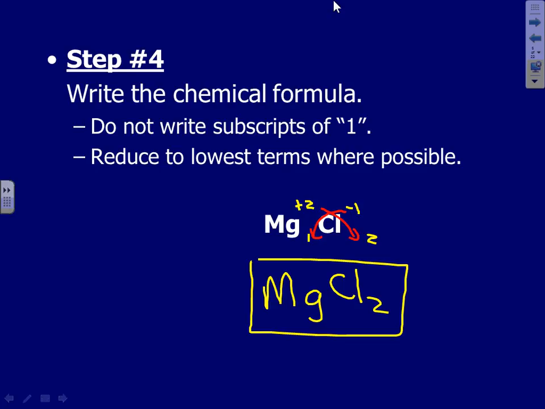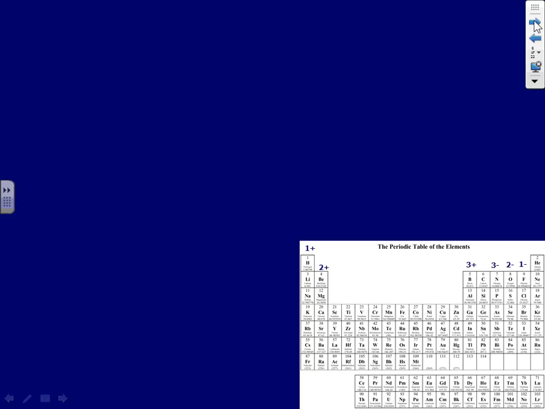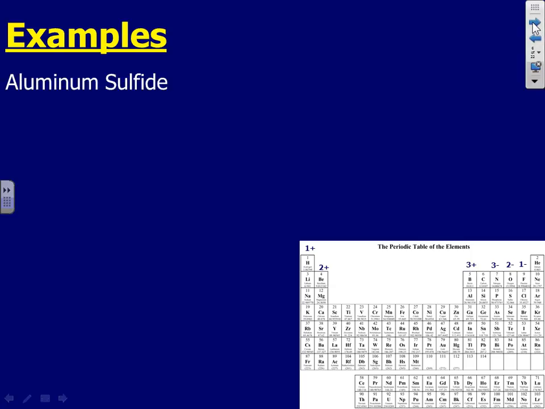All right? Okay. So, examples. Let's do an aluminum sulfide. An aluminum sulfide. Write down the symbol for aluminum.